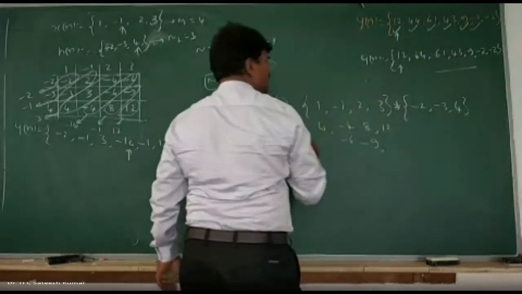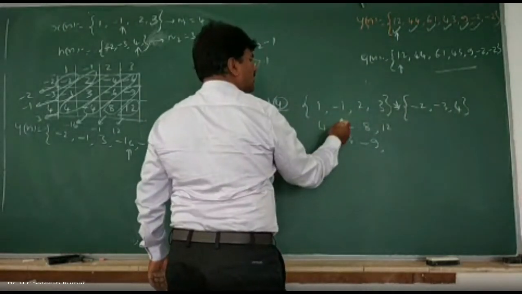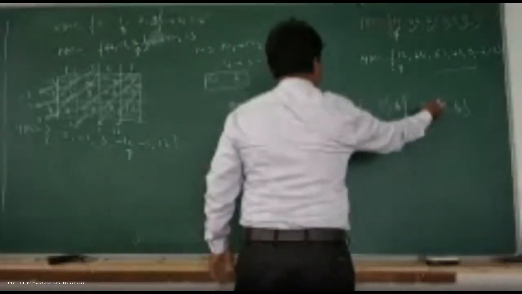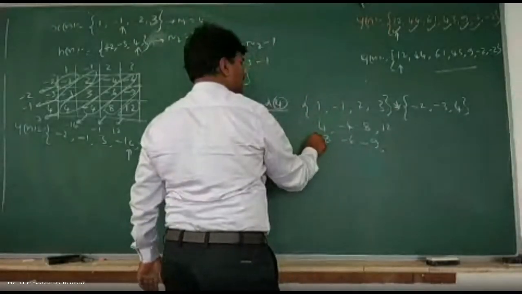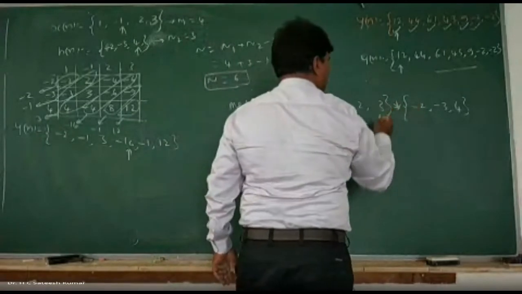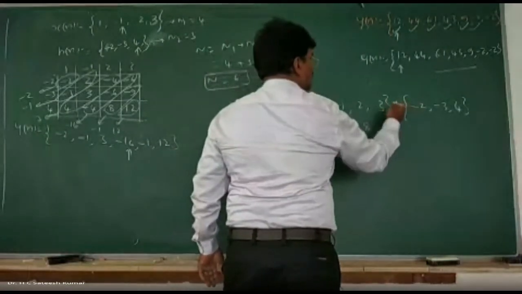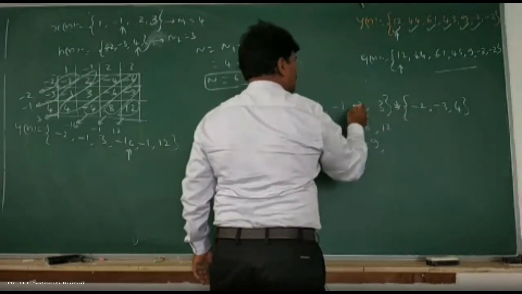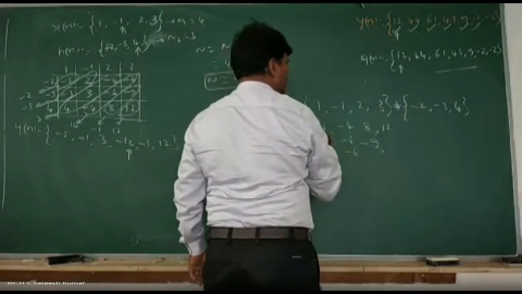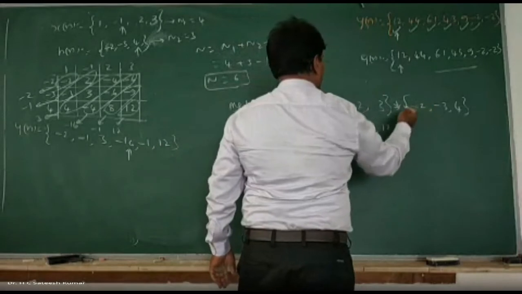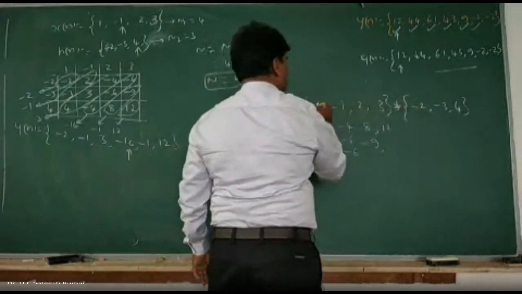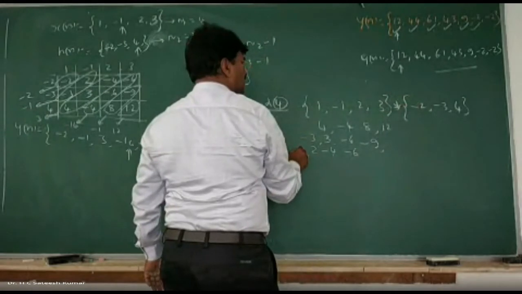Minus 3 into minus 1 is 3. And minus 3 into 1, minus 3. Okay, start from minus 2. Minus 2 into 3 is minus 6. Minus 2 into 2, minus 4. And minus 2 into minus 1 is plus 2. And minus 2 into 1 is minus 2.